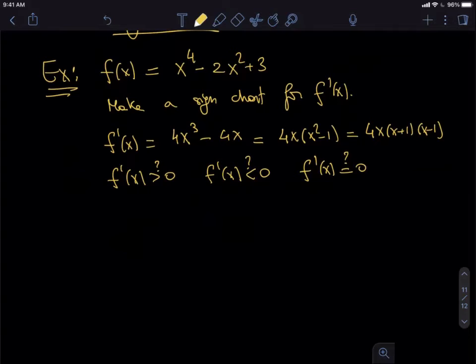But these are more interesting because the answer is, well, it depends. So let's see how we can find that. So first, we are going to put on a line the roots, right? 0, -1, and 1.